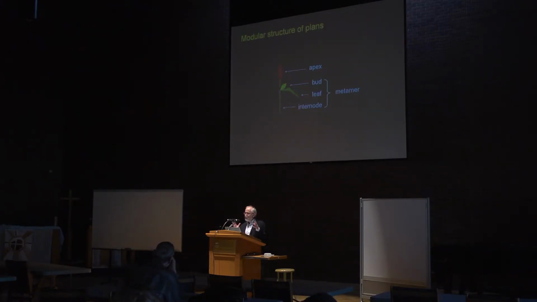Now these ideas apply quite directly to the description of plants. The idea is that rather than having individual cells represented by system symbols, we have entire modules such as buds, leaves, internodes as segments of stems between two branching points, and the apex, which is at the top of shoots, and is the main engine of development.